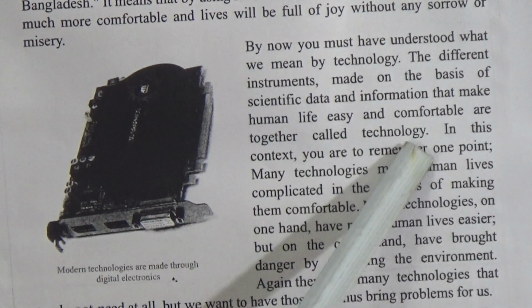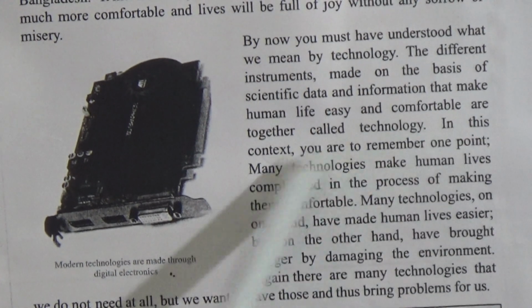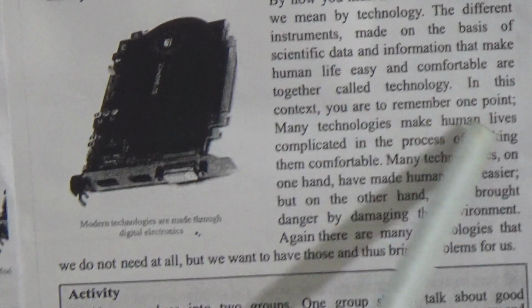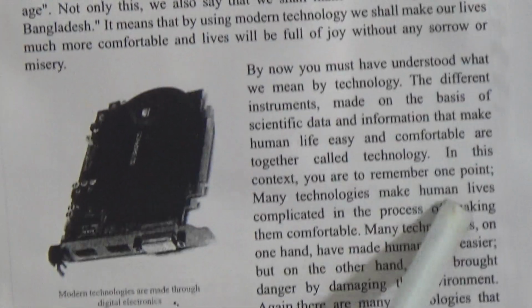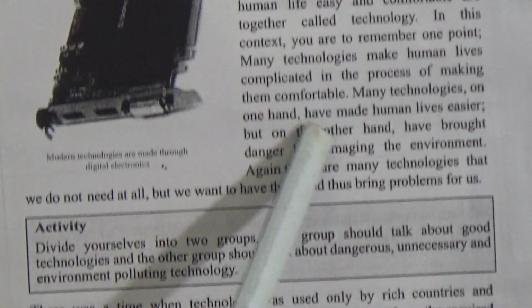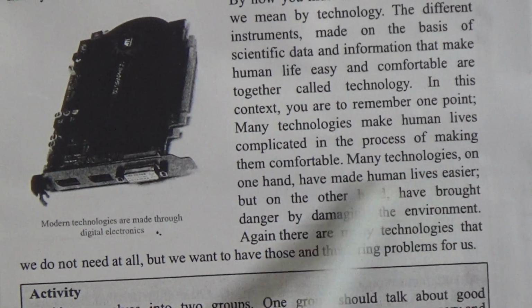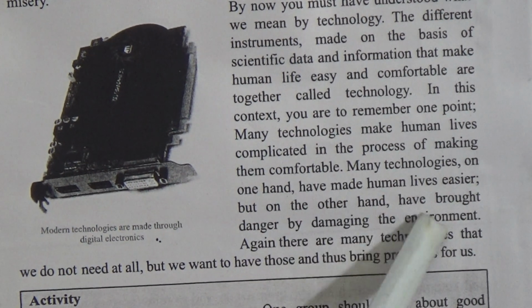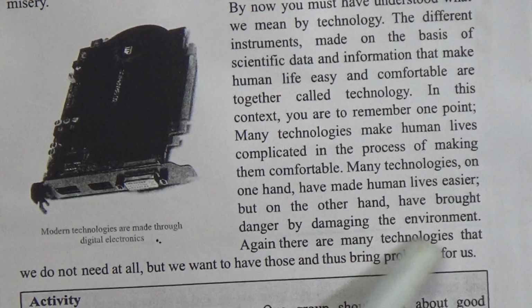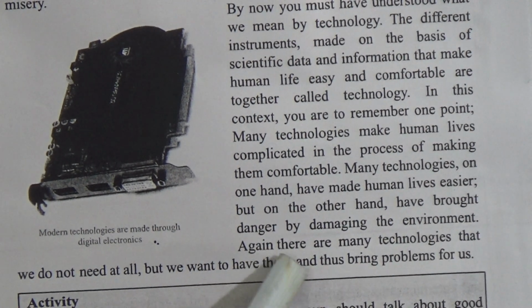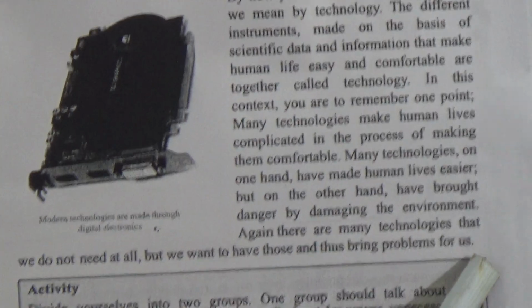In this context, remember one point: many technologies make human lives complicated in the process of making them comfortable. Many technologies on one hand have made human lives easier, but on the other hand have brought danger by damaging the environment. Again, there are many technologies that we do not need at all, but we want to have those and thus bring problems for ourselves.